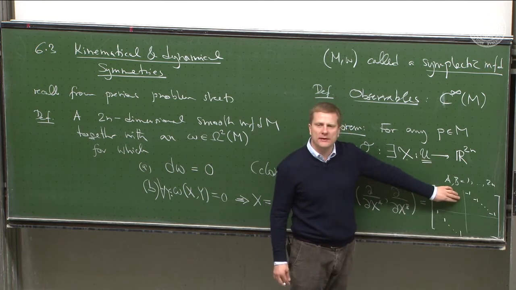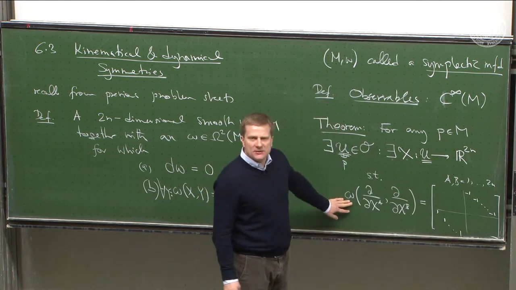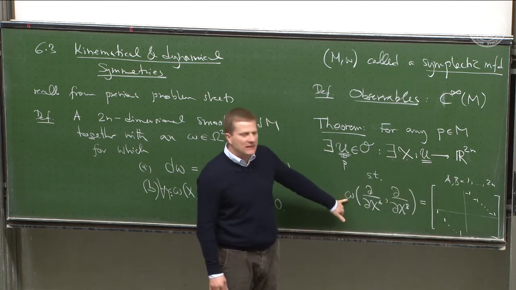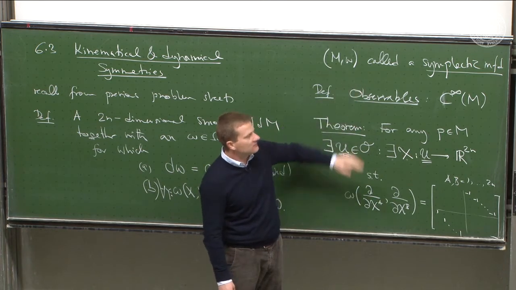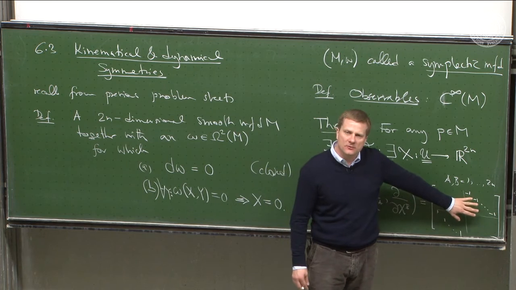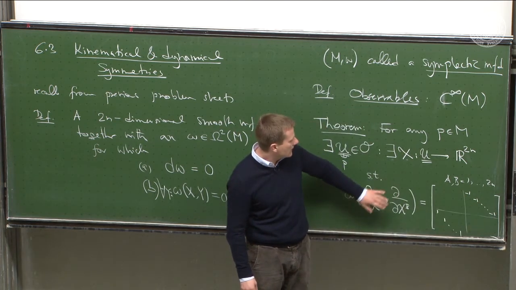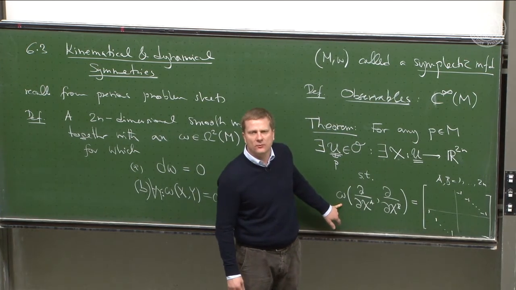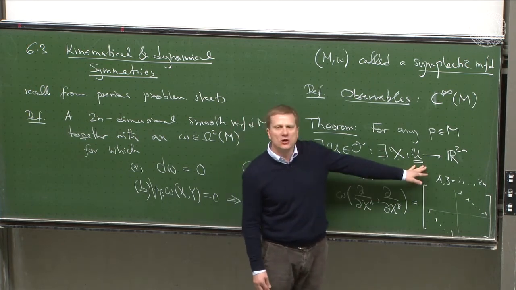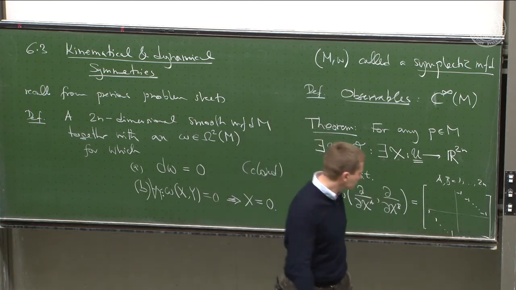You could do this at a point, but not in an extended region. And whenever there is a coordinate system in an extended region such that the geometric structure you have, that's a tensor field you equip the manifold with, has constant components with respect to a coordinate system, then we call the manifold flat. So one statement here could be: a symplectic manifold is locally always flat. Right? So, okay, that's this.